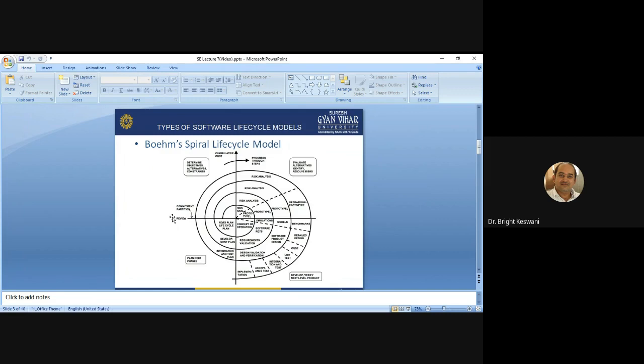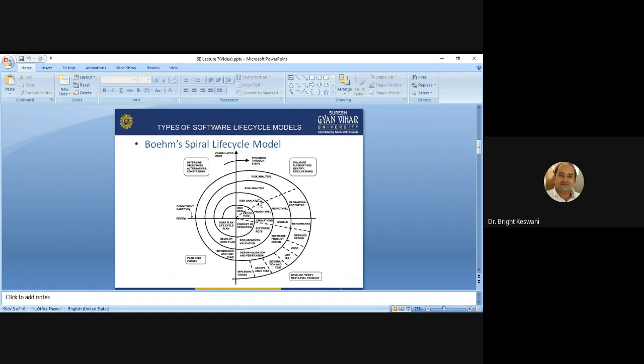Within this framework, the tasks may resemble those of the waterfall lifecycle model, with the addition of specific risk management techniques. Review occurs as a project management checkpoint after each cycle is completed.